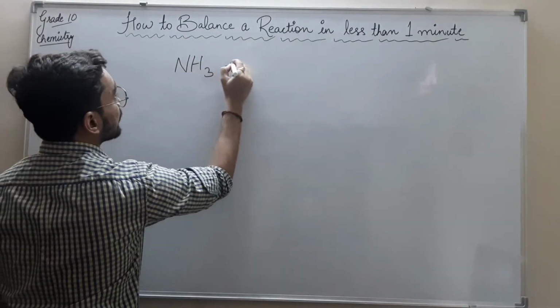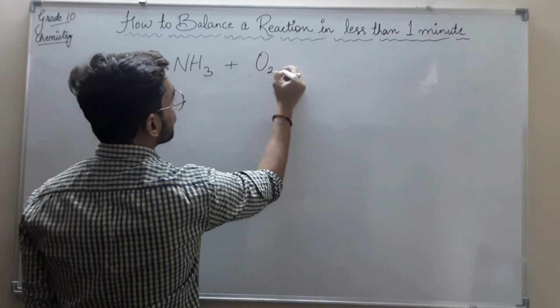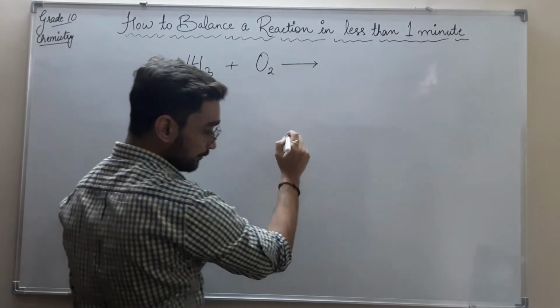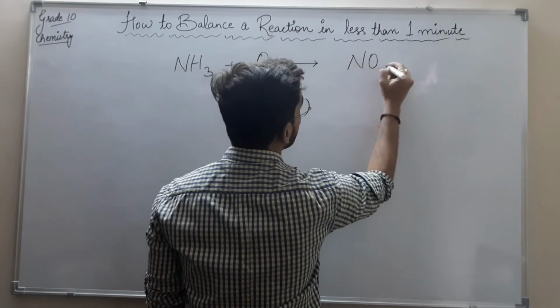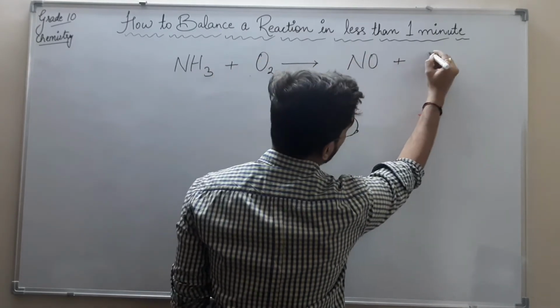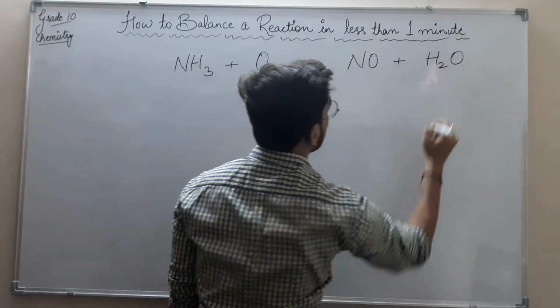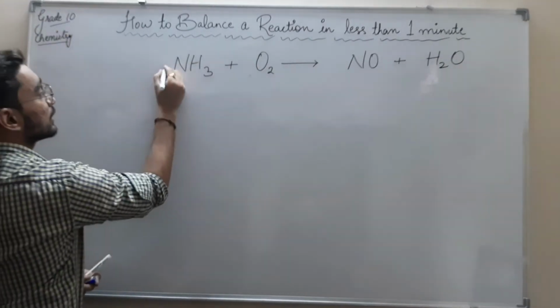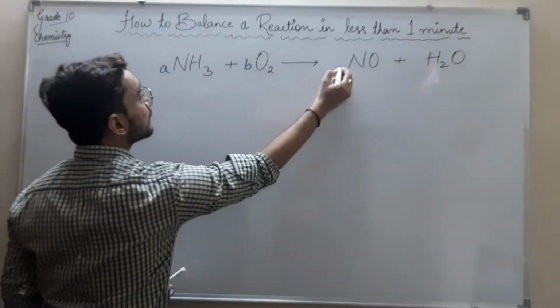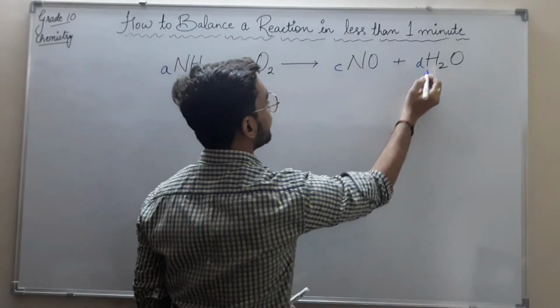So that is NH3 plus O2 will give you NO plus H2O. Okay. So my first step is A, B, C, D. Substitute.